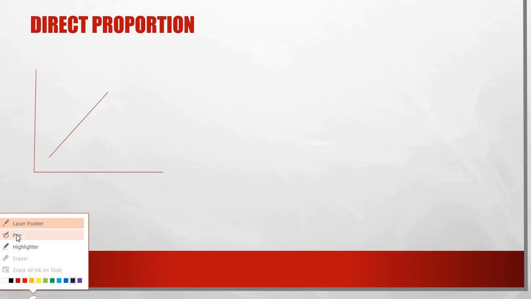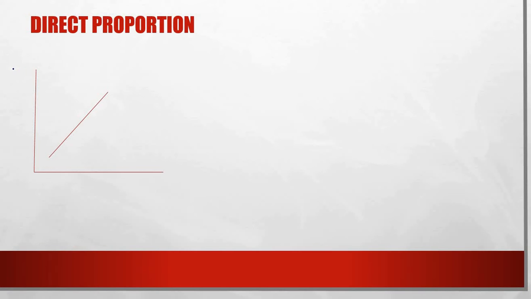Okay, let me get a pen. Let's say here is speed. So this graph is speed against distance covered.